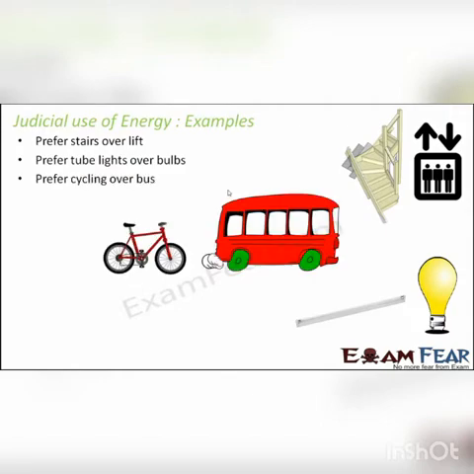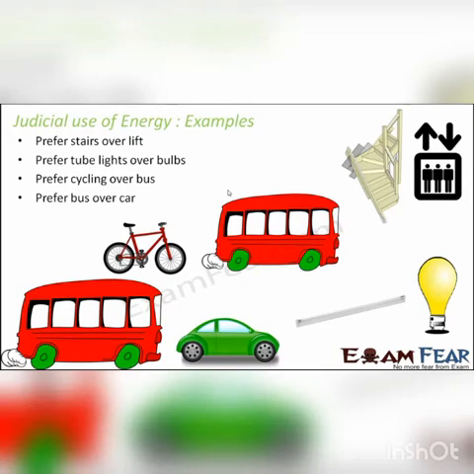Prefer cycling over bus, because a bus would run on diesel, or any other vehicle would run on petrol or diesel. So if you do not use them and use a cycle, you are actually saving that fuel. Prefer bus over car, because a bus can carry some 50 people and a car may carry just 1 or 2 people. So using a bus is more advantageous.